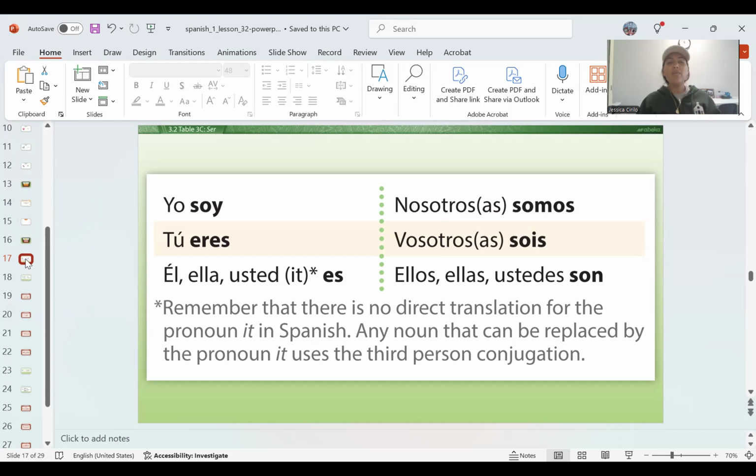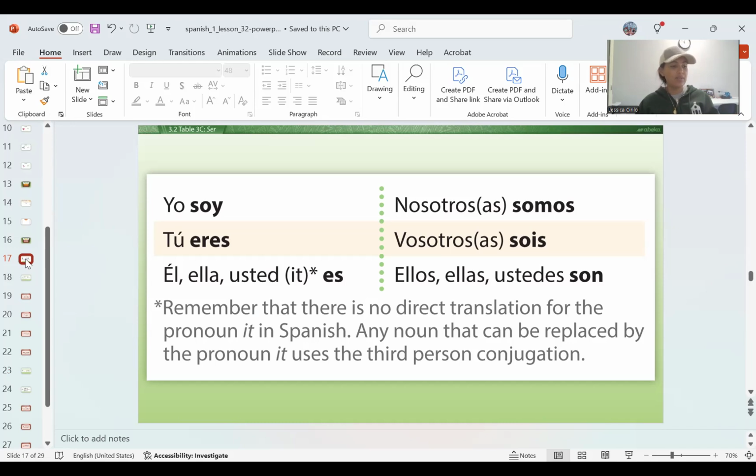And why are we doing this separately? Because this is an irregular verb, so it won't really follow the rules for AR, ER, IR, like it doesn't matter. So this is an irregular verb, so that's why we're learning it separately, okay? It has its own conjugations.